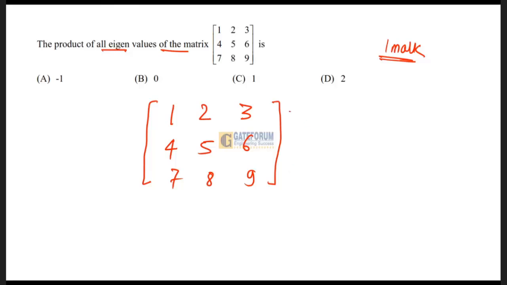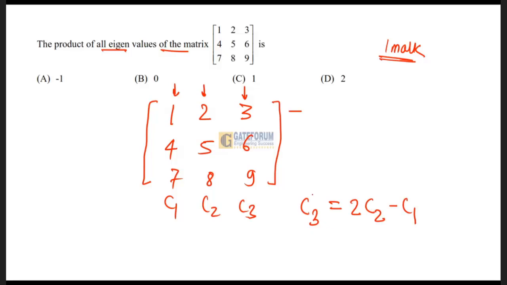How? If we look at the columns 1 2 3, let's say they are C1, C2 and C3, then there is a relationship between C3, C2 and C1, that C3 is equal to 2 into C2 minus C1.